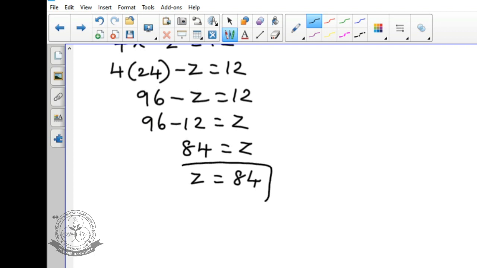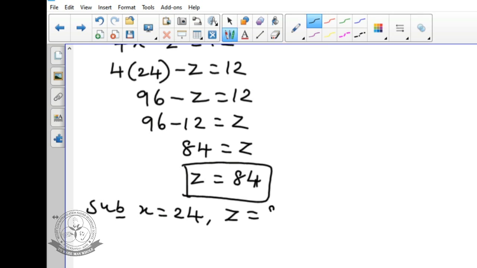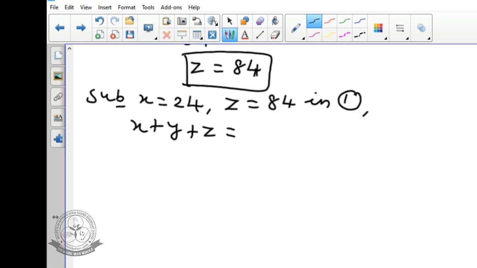Now we have another value, z, also. Now we know the value of x and z. Now we have to substitute x equal to 24, z equal to 84 in equation 1. What is our equation 1? x plus y plus z equal to 159.